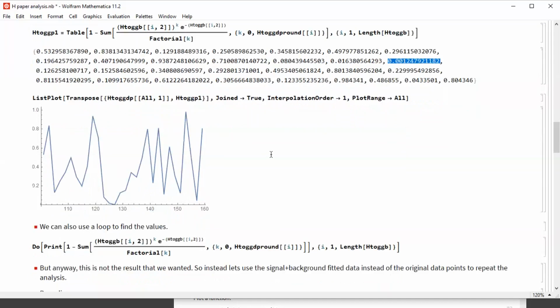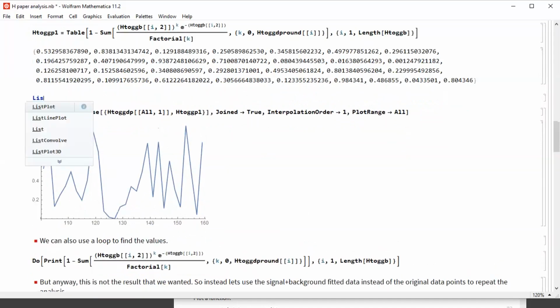So where is your 0.1, 0.001? It is not showing here, right? I guess it's this point over here. It does not tell you the whole story. I think it's either ListLogPlot or LogListPlot. Check which one gives you the y-axis in log.